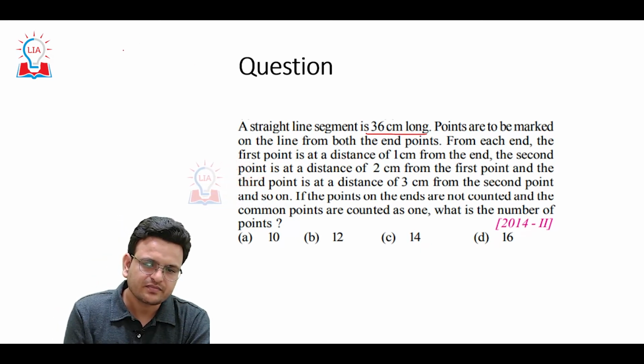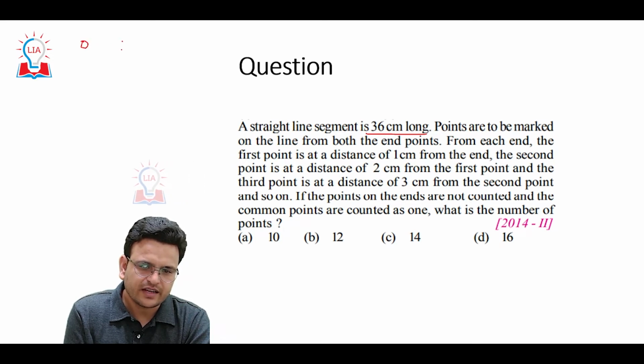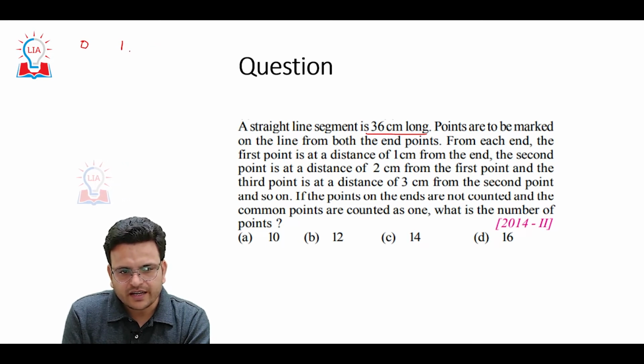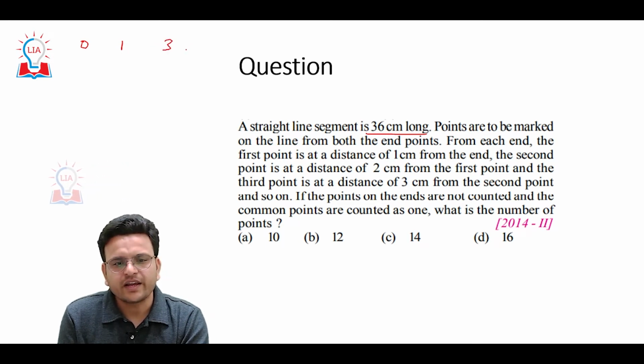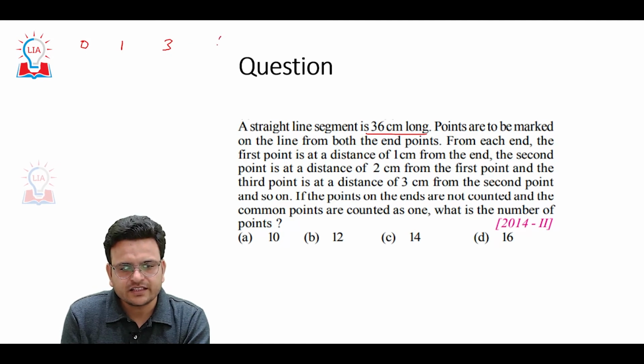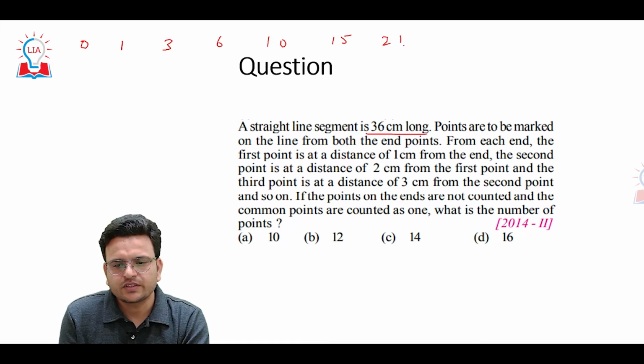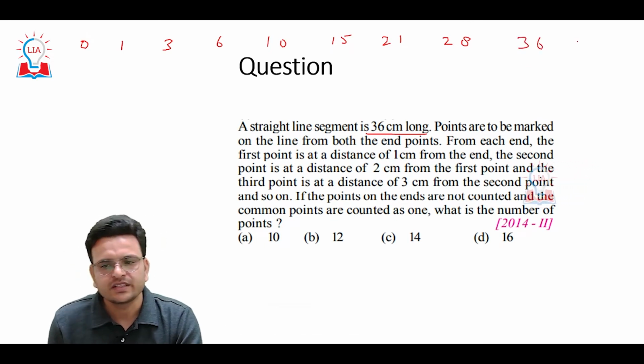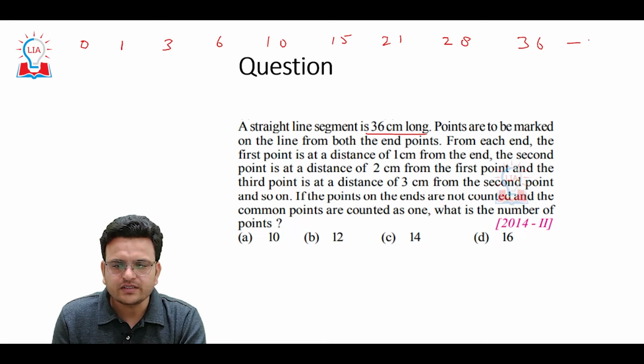Consider distance, like first is 0, second is 1, third point will be after 2, 3, okay, then 6, 10, 15, 21, then 28, and finally it will be 36. This is the way we have to mark the points. How many points? There are around 8 points.